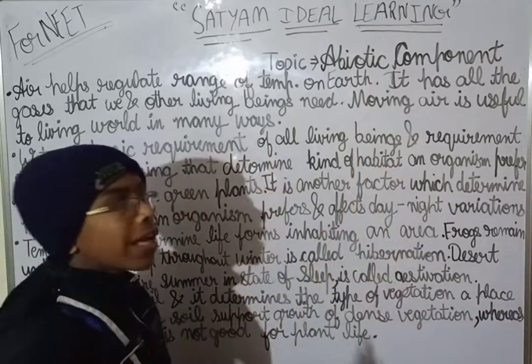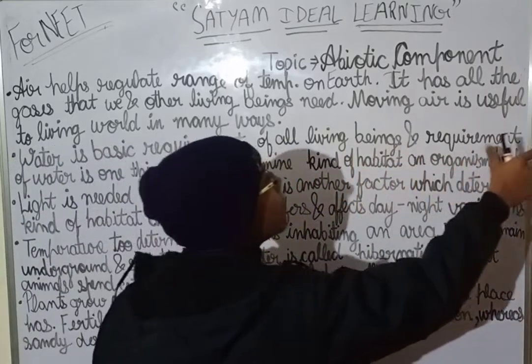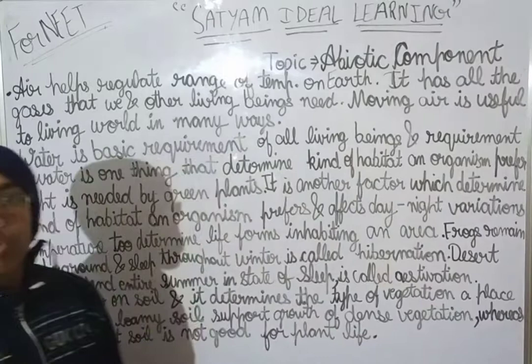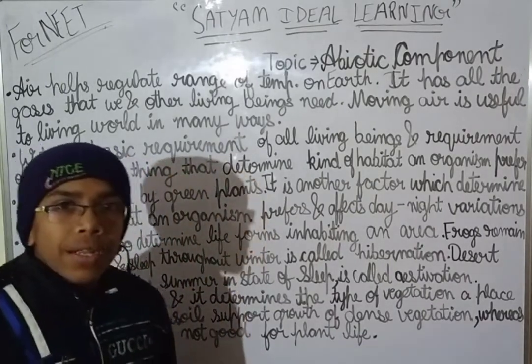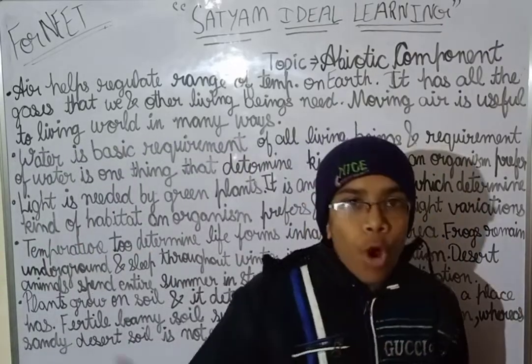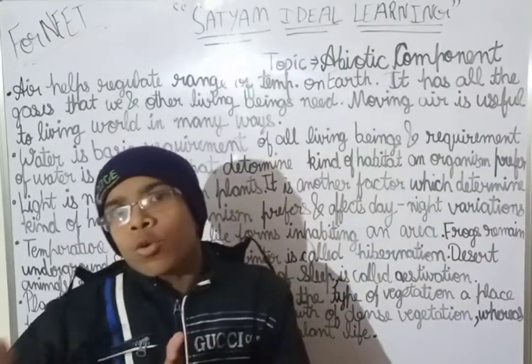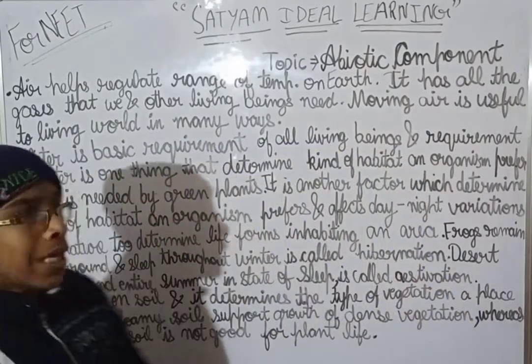Habitat is where an organism lives. So it determines which kind of habitat an organism is preferring. But now I have told you that the requirement of water varies from organism to organism. Now how is it varying? So I am telling you, guys.